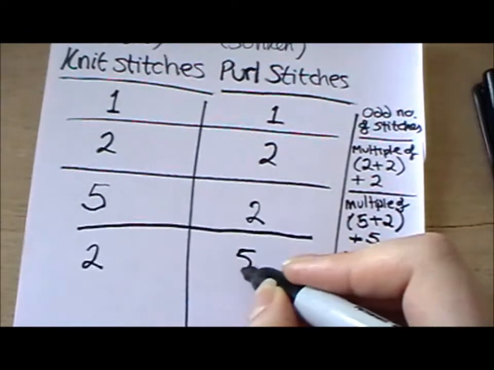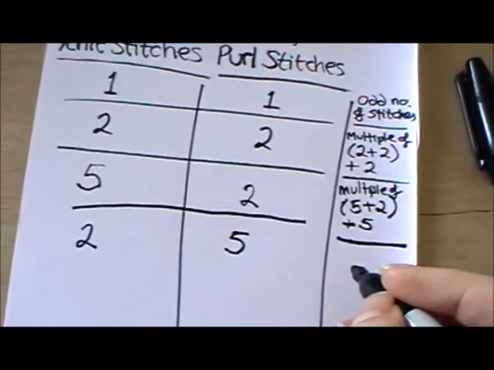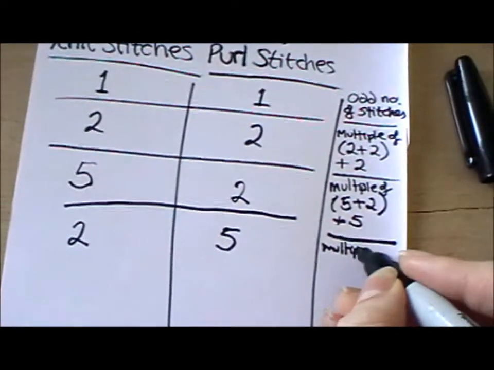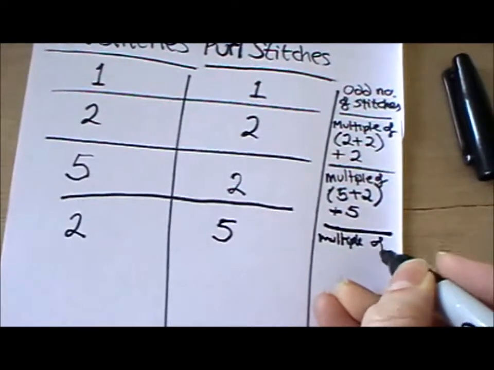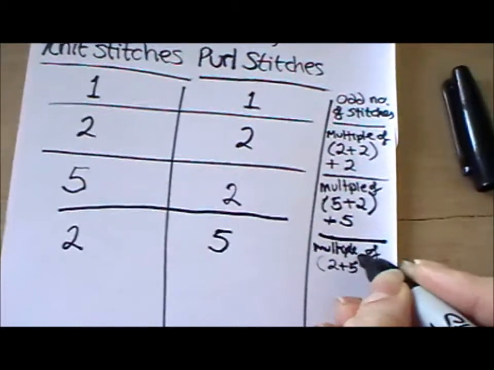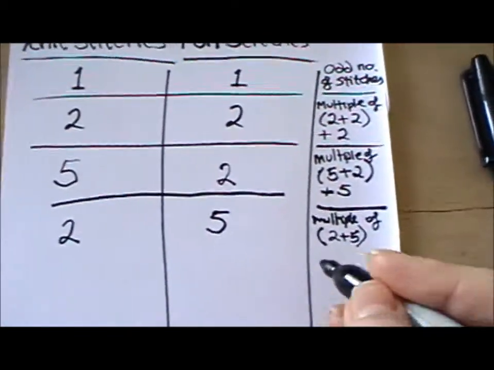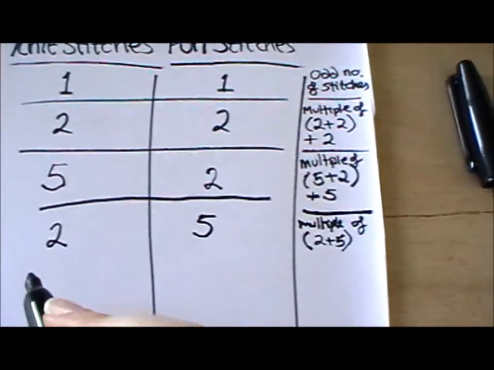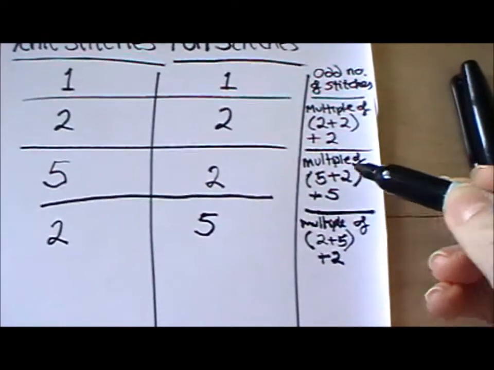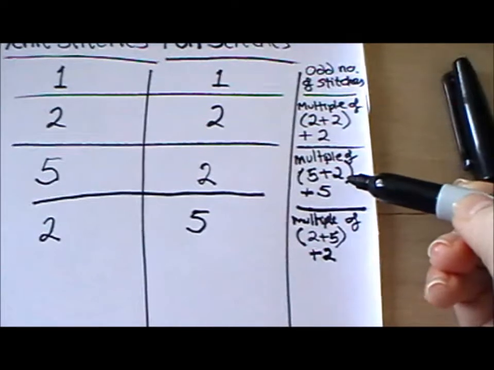Say you wanted 5 instead with the sunken bit, then you would do a multiple of the 2 plus 5 again, which you might think, oh, it's going to be the same as that one. But no, because you add the knit stitch number, it's plus 2.